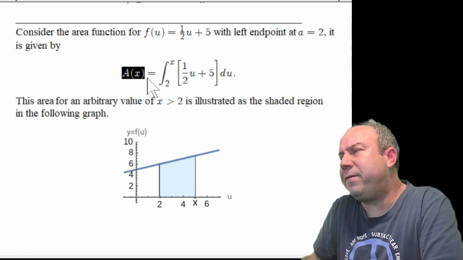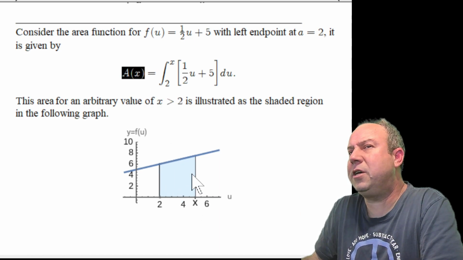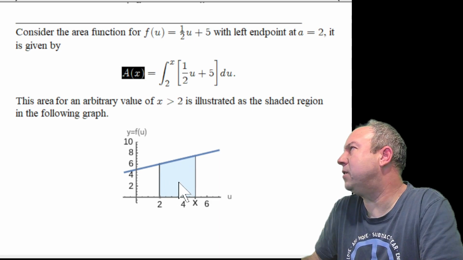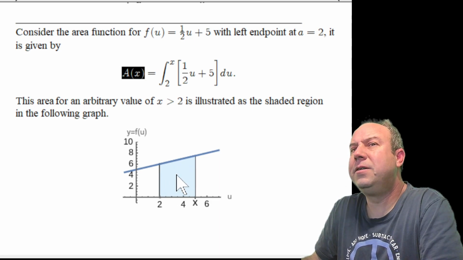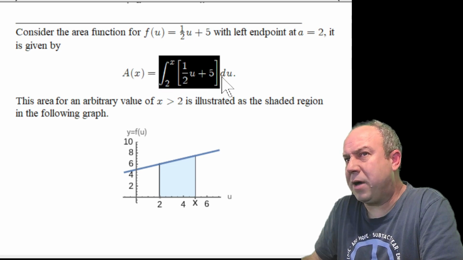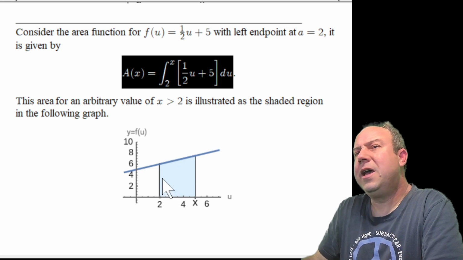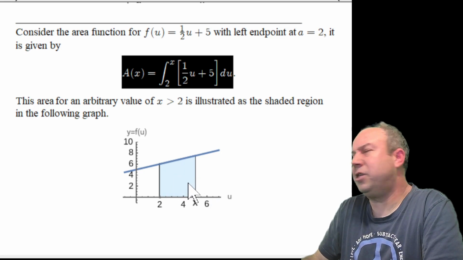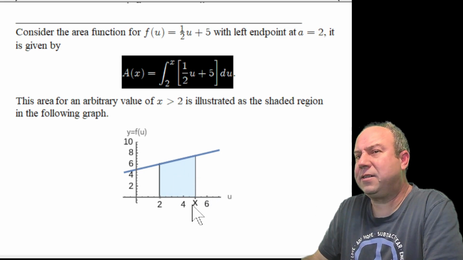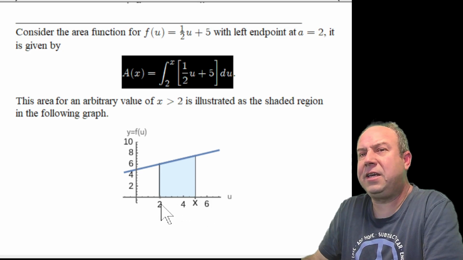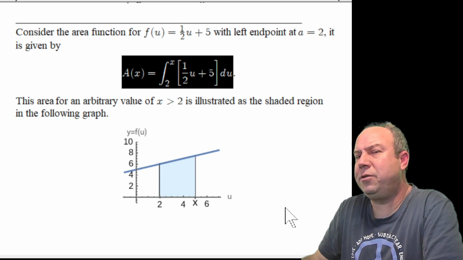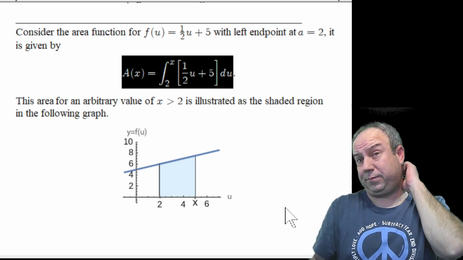The area function that's going to describe the accumulating area underneath this graph is going to be given by this definite integral, and going to describe the shaded region in this situation, where x is any location greater than 2. It's the independent value.